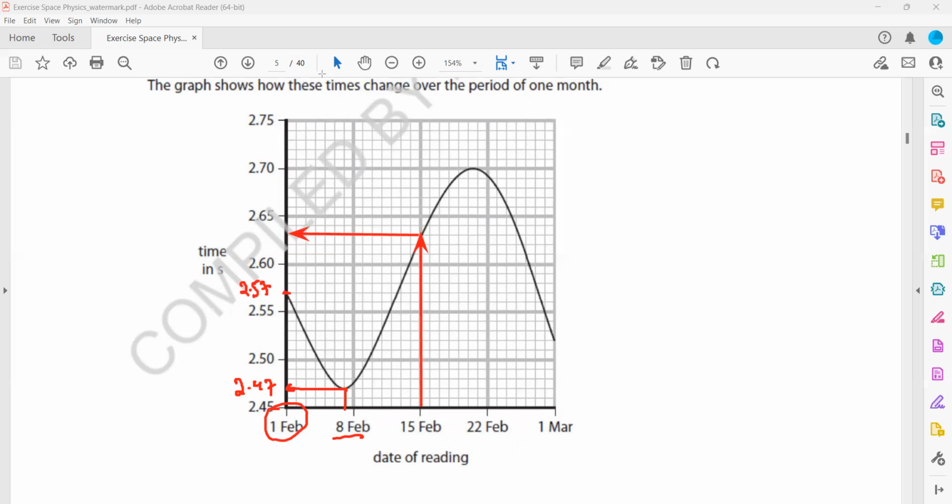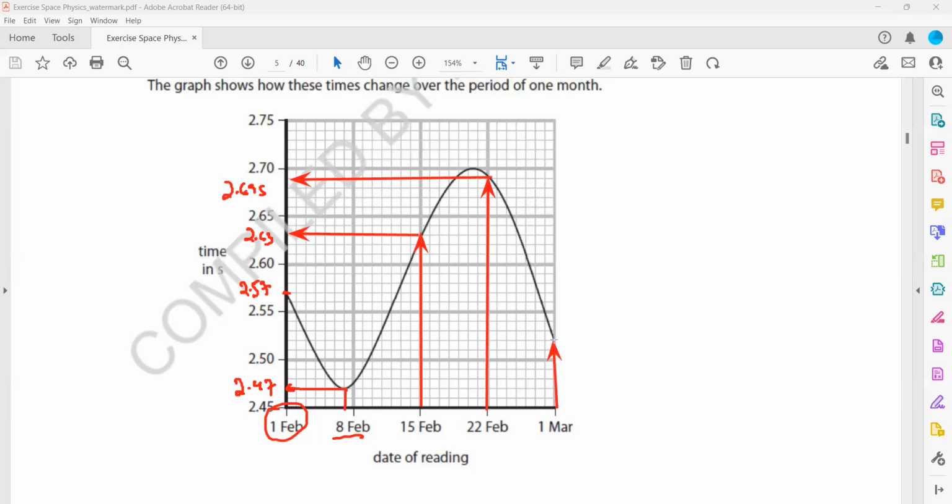On 15th Feb, it was taking about 2.63 seconds. On 22nd Feb, it was taking about 2.69 seconds to bounce back.